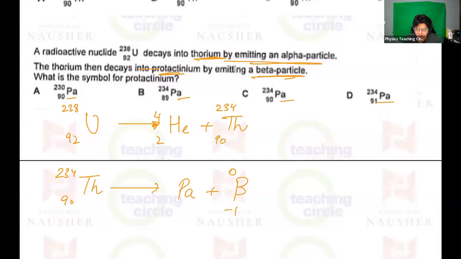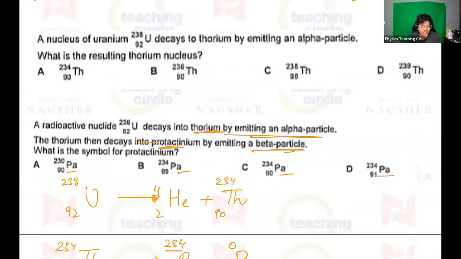Does that make sense? So tell me, what should be the mass number of Pa, protactinium? It should be 234. And what should be the proton number? Z plus 1. Well done. 91.